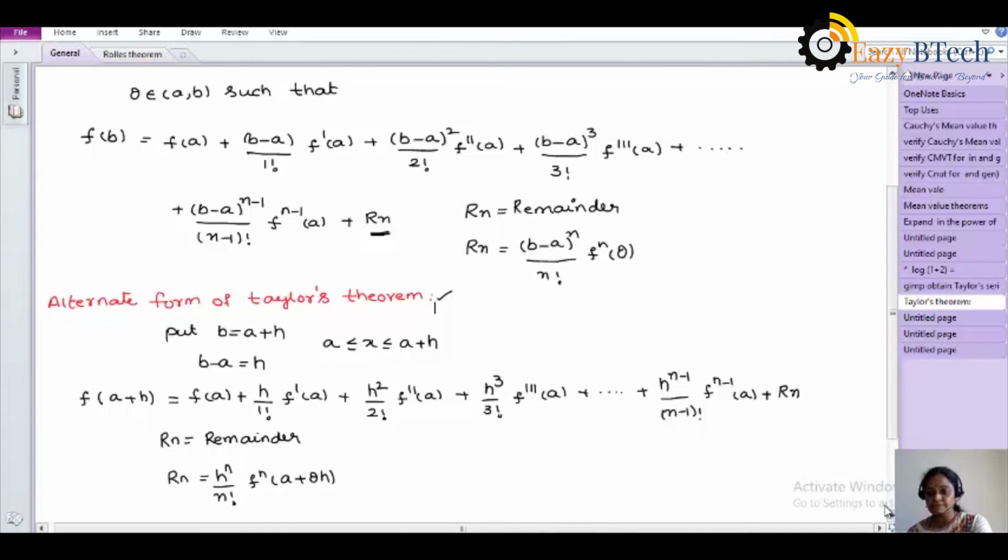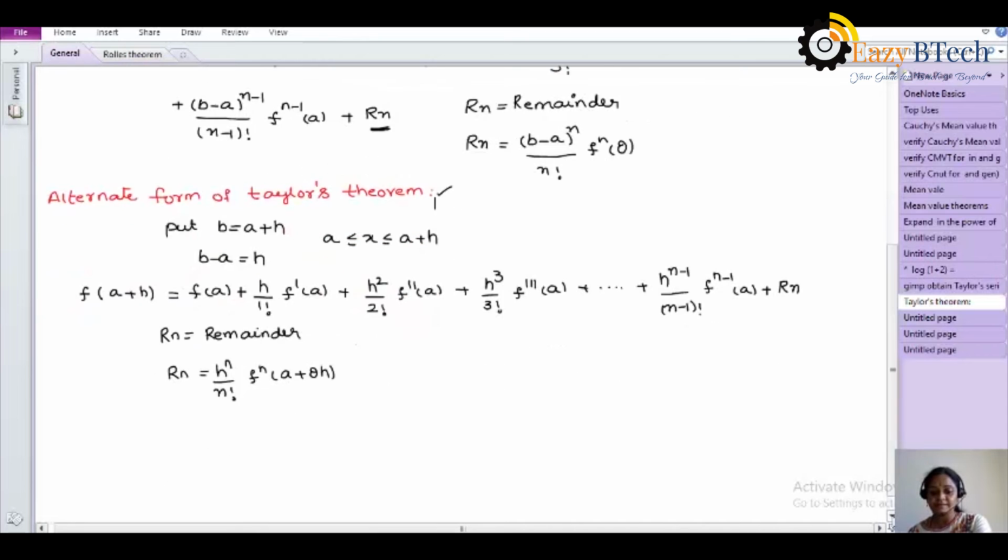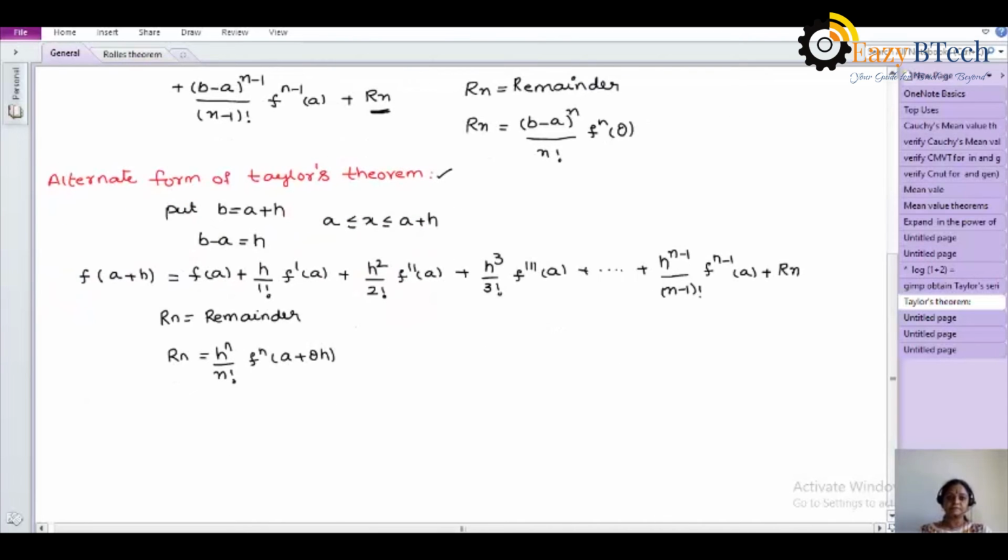So in the next one, about Mclaren's theorem. What is Mclaren's theorem?